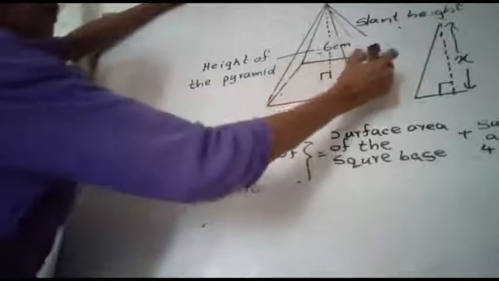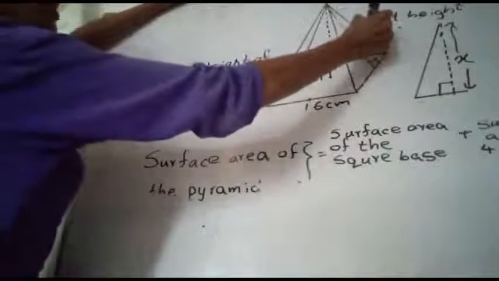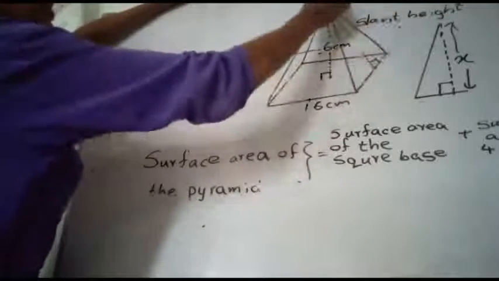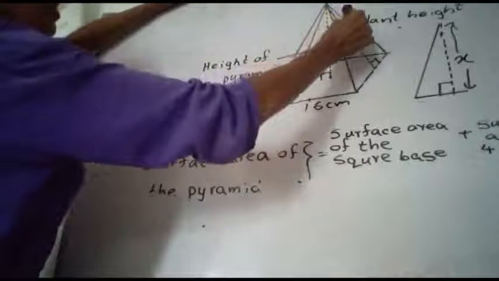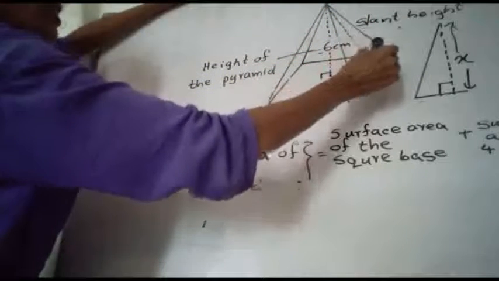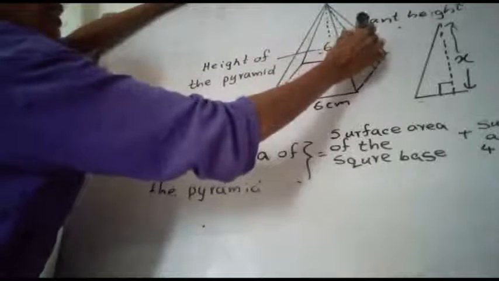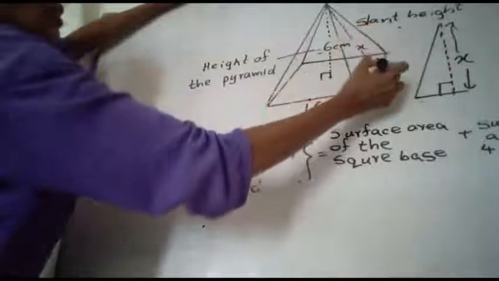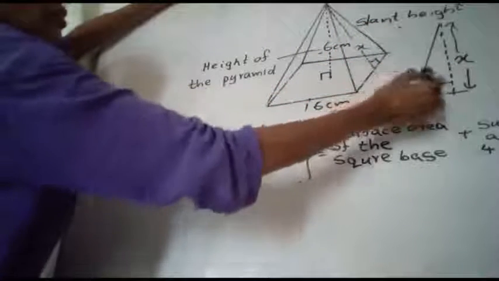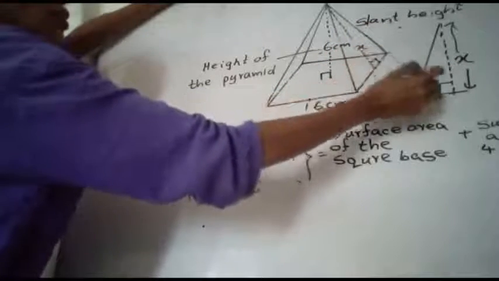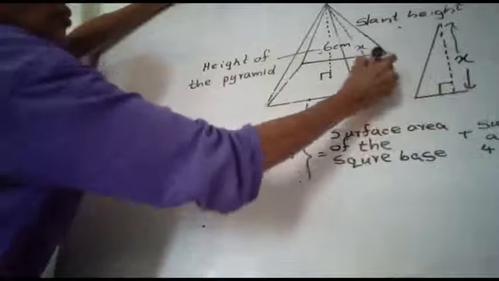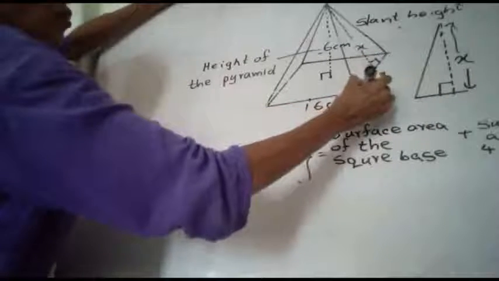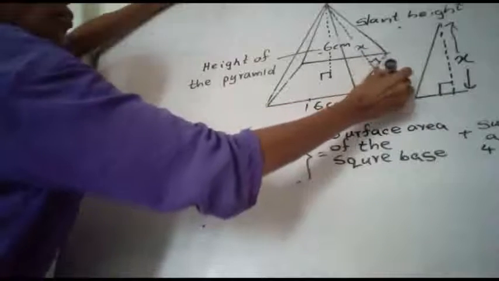Then this is the triangular surface. We take the perpendicular height of a triangular face as x centimeters and half of 16 is 8 centimeters.